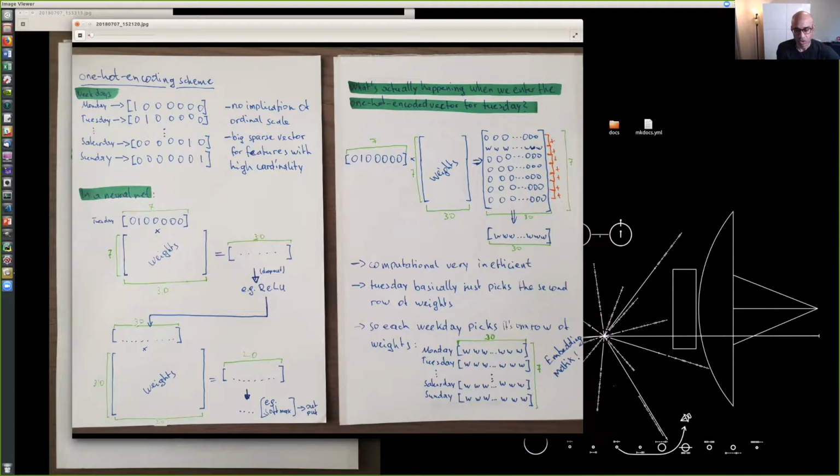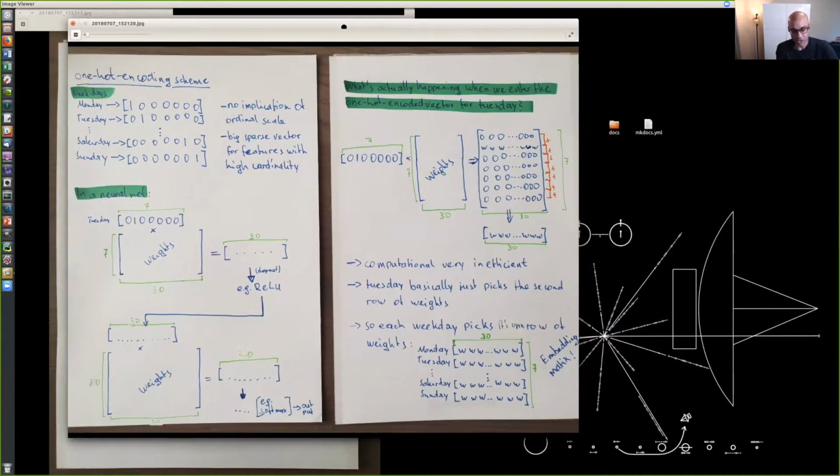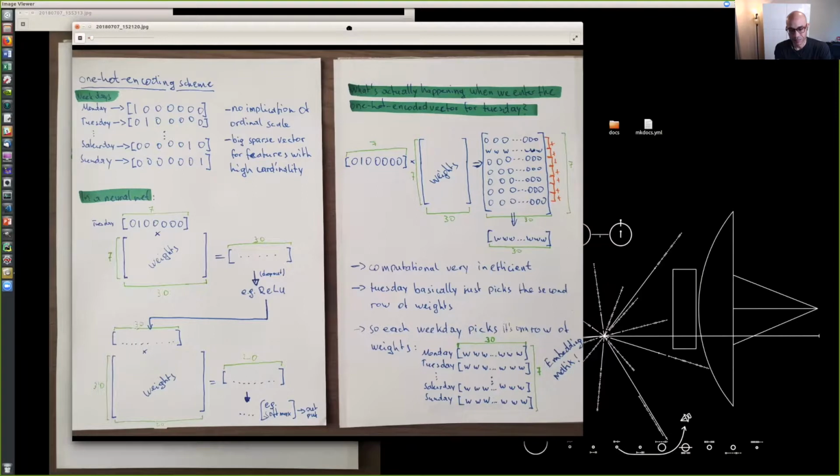So if you've got this cardinality, like this 30, it's basically like these 30 features that the network is relating each of these days to.